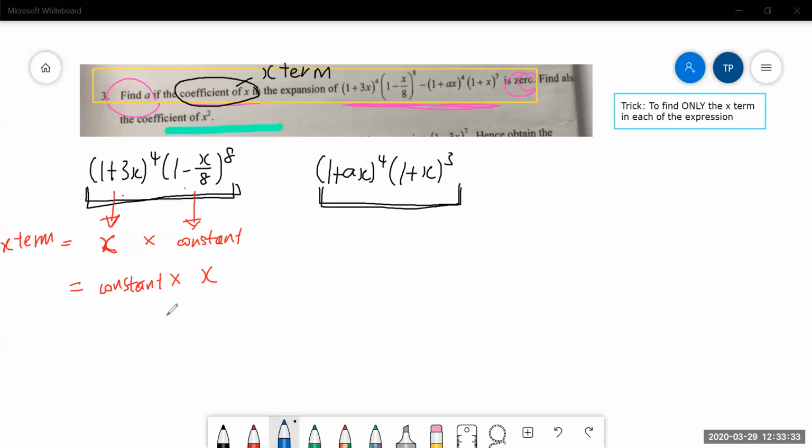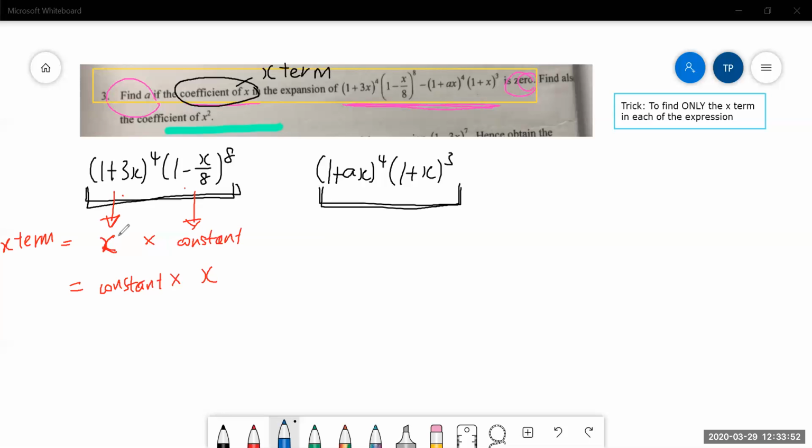Is it that you just selectively multiply those that will give you the coefficient of x, and the rest you just leave out? Correct. But you're not supposed to expand.